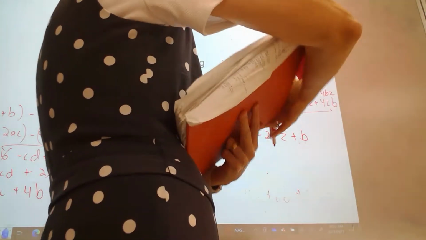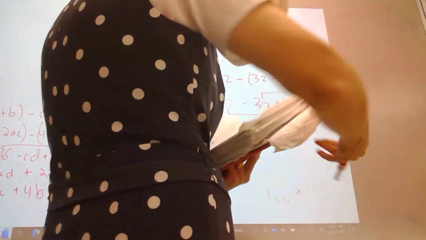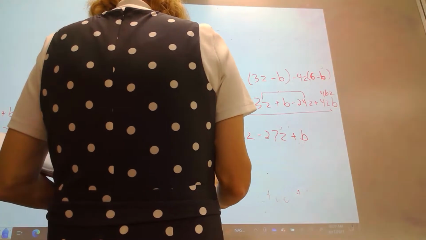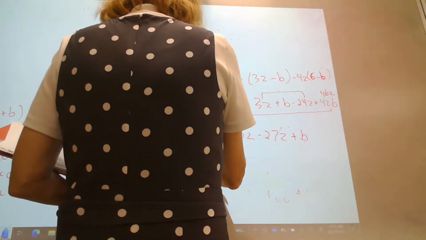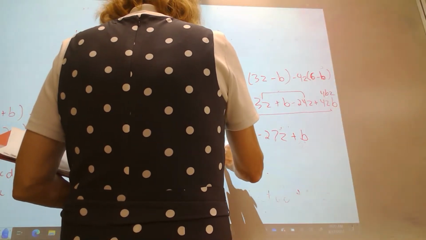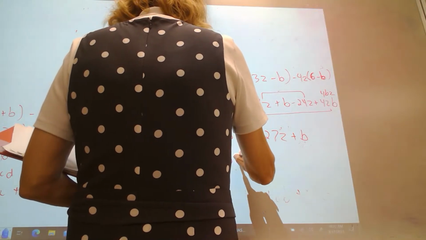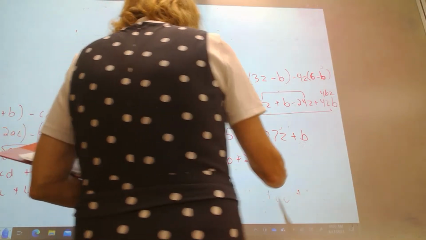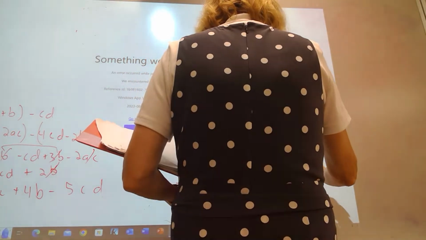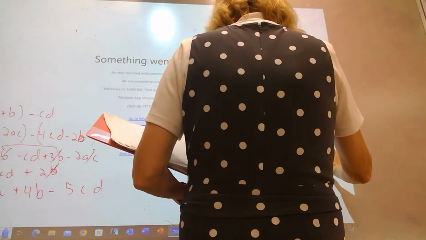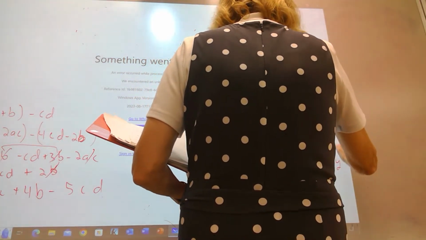Okay? Let's do another one. 2a times 3b plus 2c minus 4bz times 3x plus 2y.